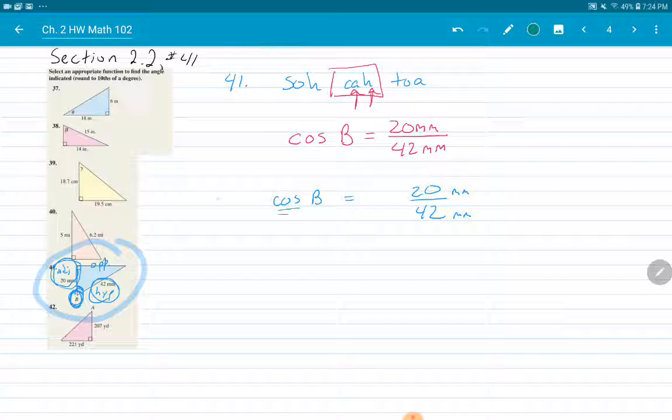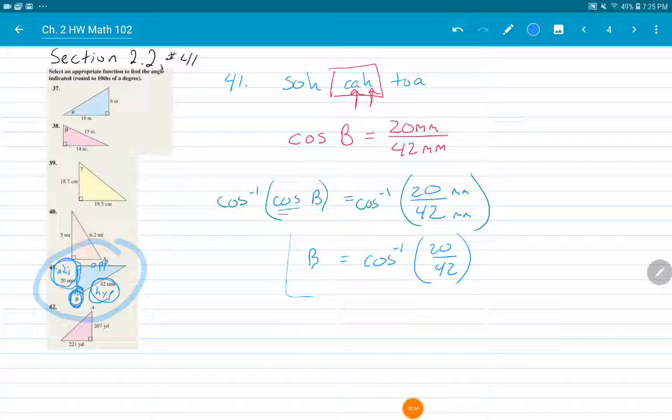To undo that, I take cosine inverse of this side, and I'd be left with just B on the left. But whatever I do to the left, I have to do to the right too. So I get B equals cosine inverse of 20 over 42.